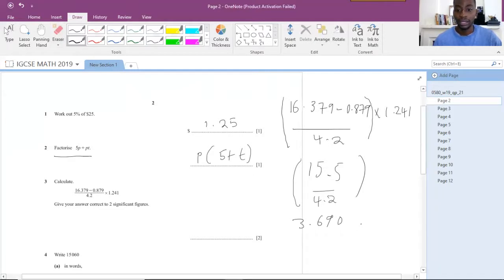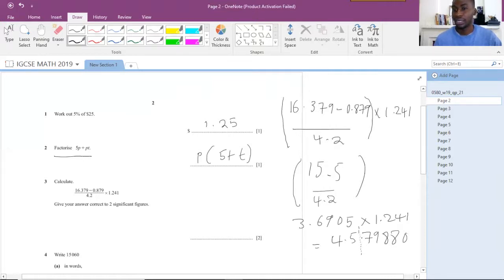If you want to get the best answers possible, I would advise you to leave your calculations to 4 decimal places, multiplied by 1.241. So answer multiplied by 1.241, we're going to get a very big answer of 4.579880 something, and two significant figures is right there.